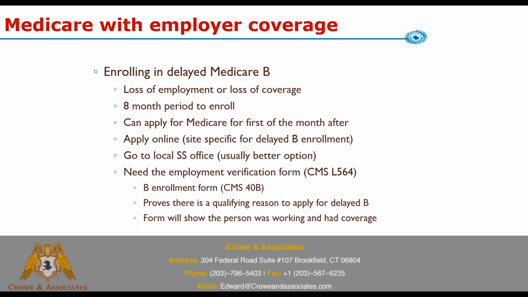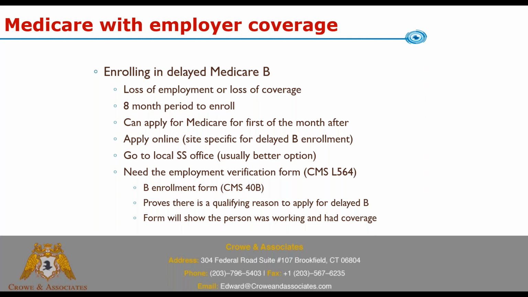When you go to the Social Security office, or if you do it online for that matter, you're definitely going to need the employment verification form. That is the form that proves to Medicare, Social Security, that you have a valid reason to enroll in B. Because after you're 65, you can't just enroll in B when you feel like it. You need to have a special election to do so.